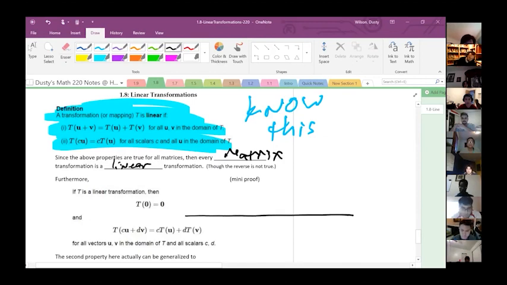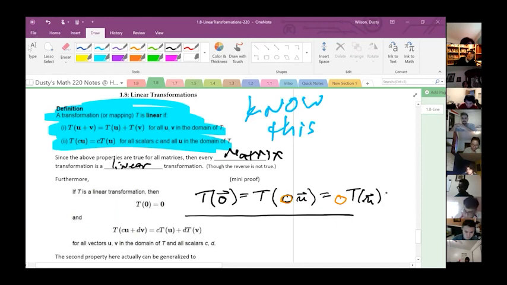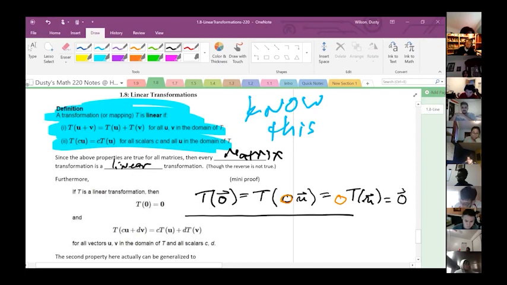T of 0 would be the same as T of 0 scalar times any vector U. By property number 2, we could take that scalar out, here's that 0, so this would be equal to 0 times T of U, which would be the 0 vector again. Here's my proof of the first part.